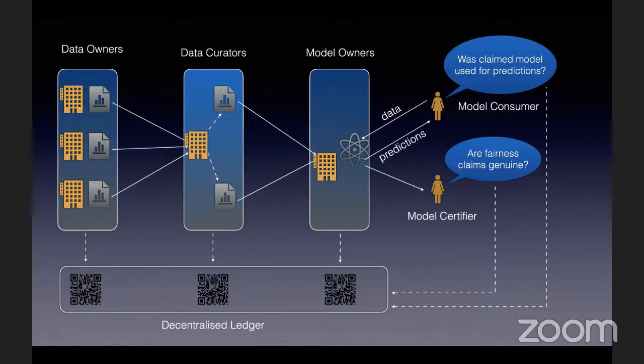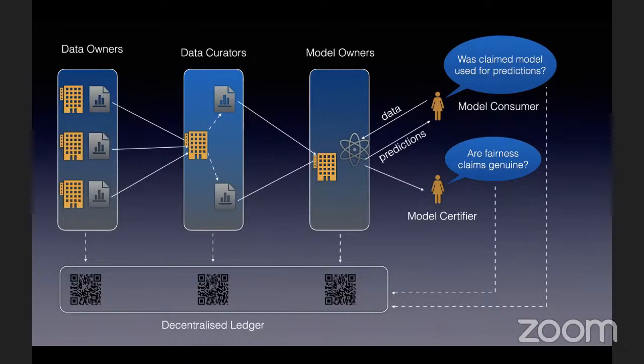So this is where cryptography comes in, right? And in particular, the technique of zero knowledge proofs comes in. So what we demand is that these asset owners, whether they're data owners, data curators, or model owners, publicly publish a hash of their assets.